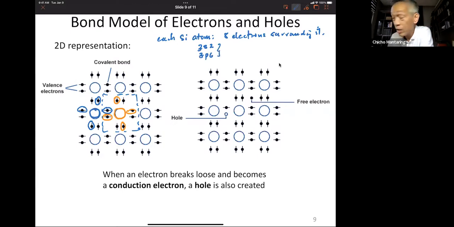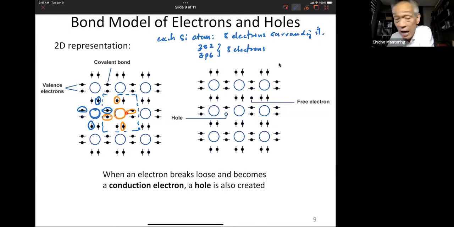That is the outermost shell, which corresponds to 8 electrons. So actually the outermost shell is full. But for its outermost shell to be full, it had to share 4 electrons with 4 other silicon atoms.